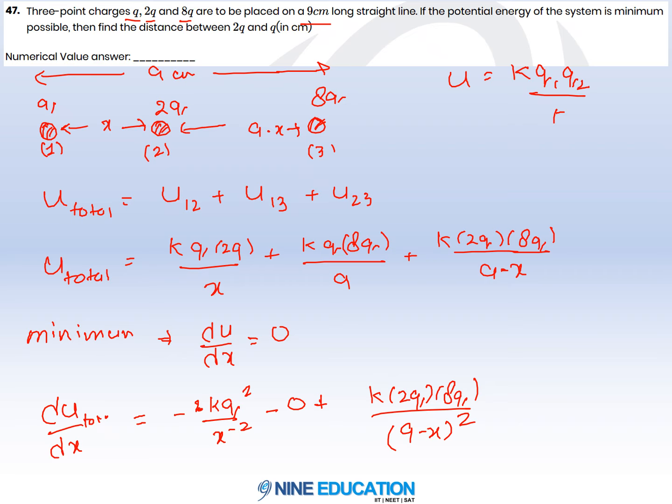So from here what we are getting, this is equal to 0. So on solving this equation, we will get the value of x. On solving it, we will get x equals to 3 centimeter.